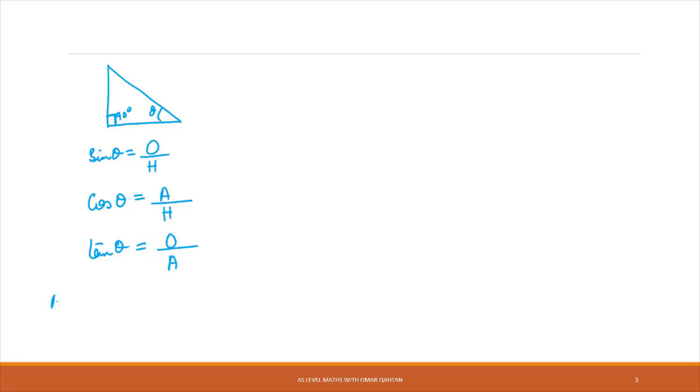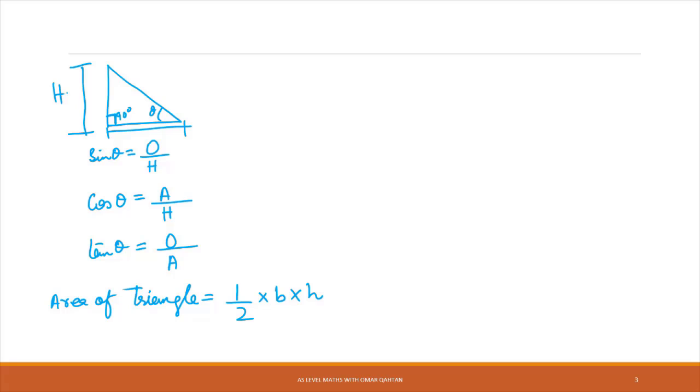We have a right angle triangle because it's making a 90 degree angle. Let me revise some formulas related to triangles, and you can find the area of these triangles so easily. It would be 1 upon 2 into base into height. This is the base of the triangle and this is the height of the triangle. So you can find it directly.